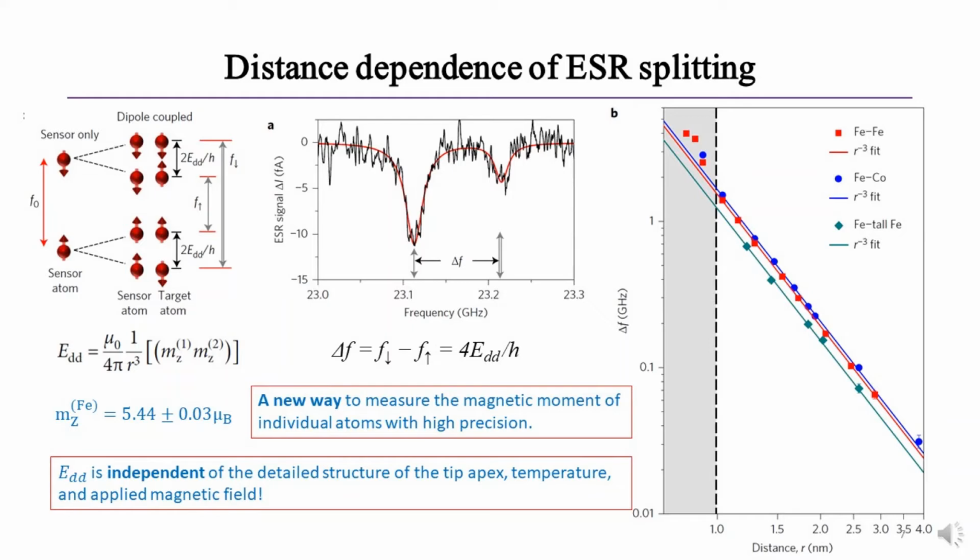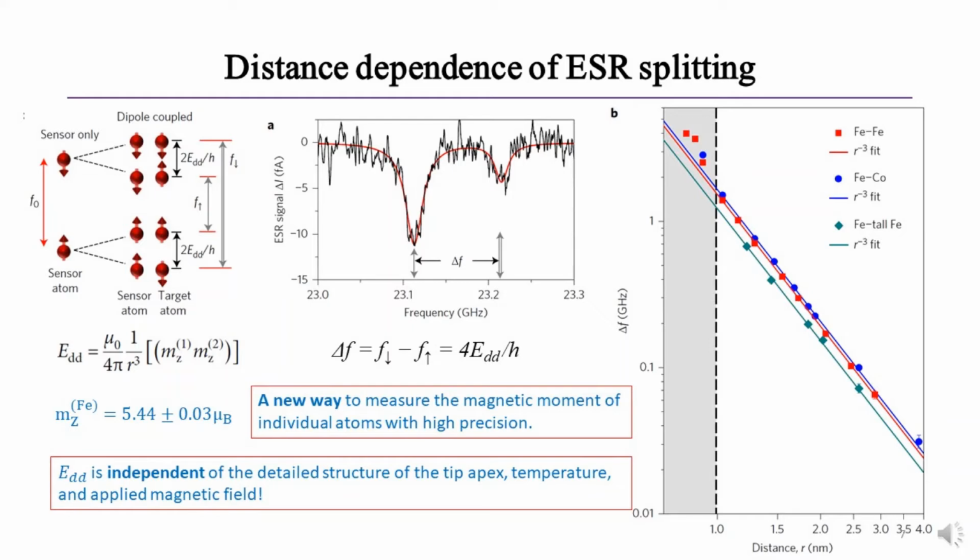And moreover, based on the value of the dipole interaction energy, we can also calculate the magnetic moment of a single iron atom, and this creates a new way to measure the magnetic moment of individual atoms with very high precision.